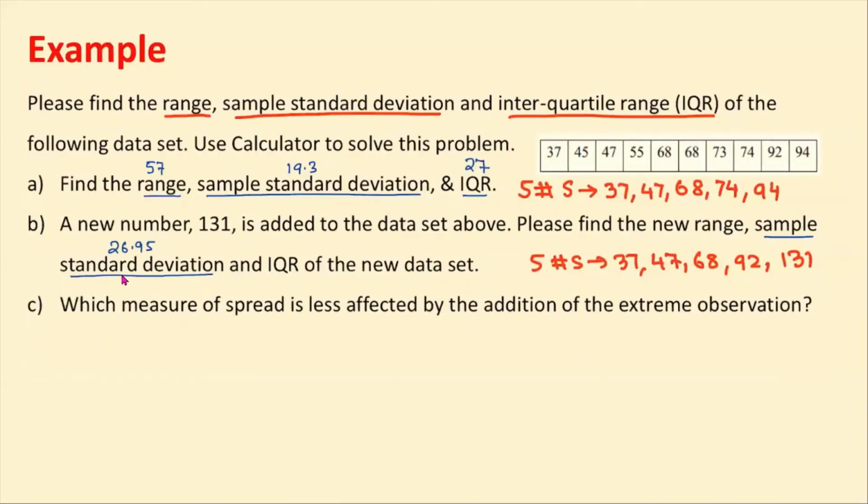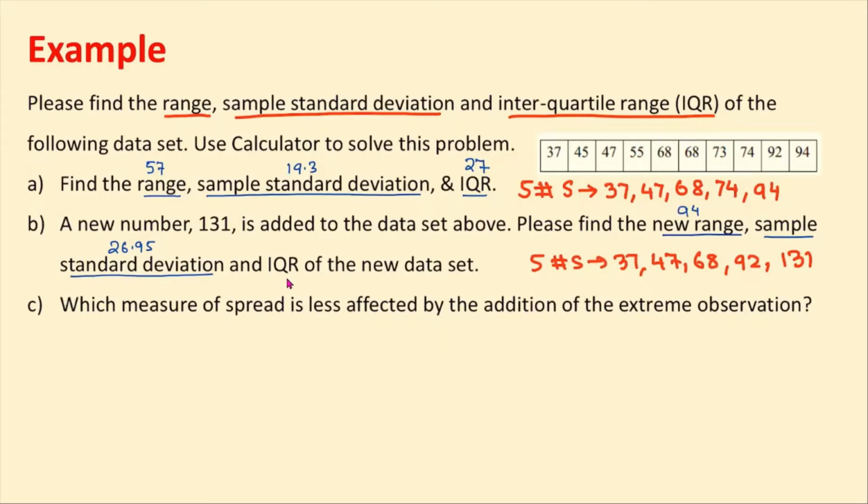We have the sample standard deviation as 26.95. The new range is the new largest value minus the smallest value, so it is 131 minus 37, which is 94.